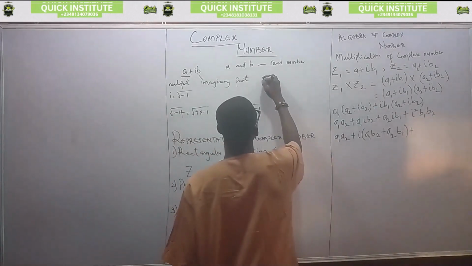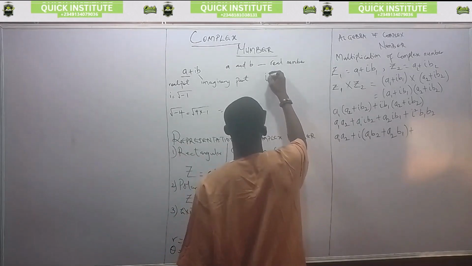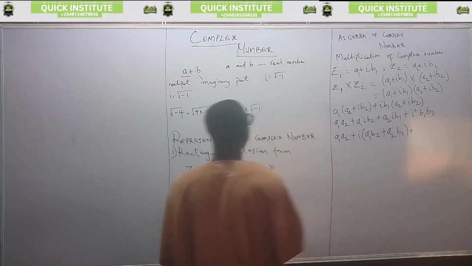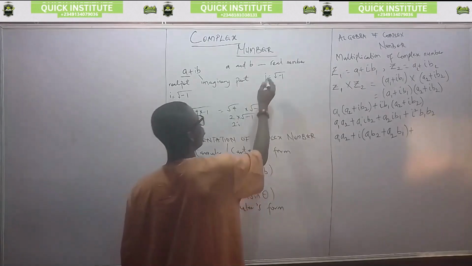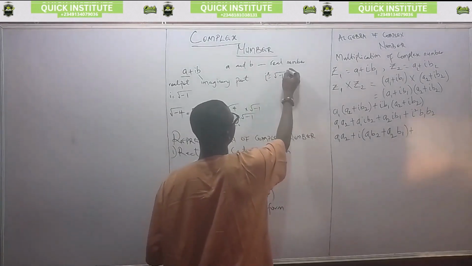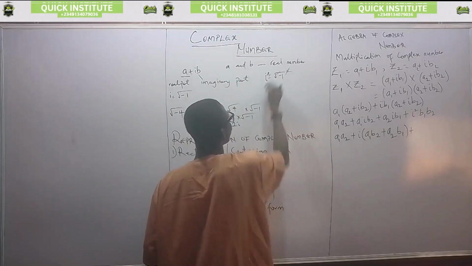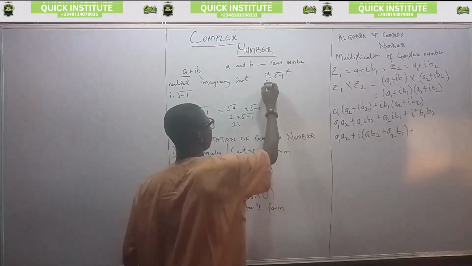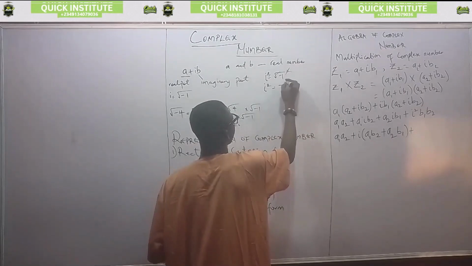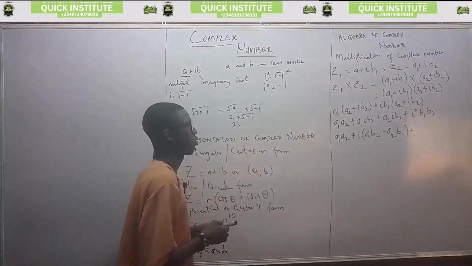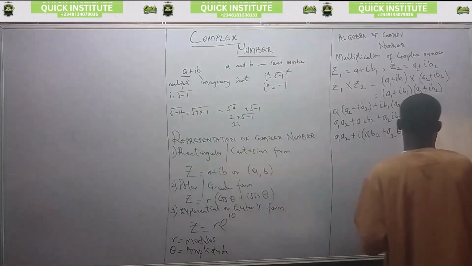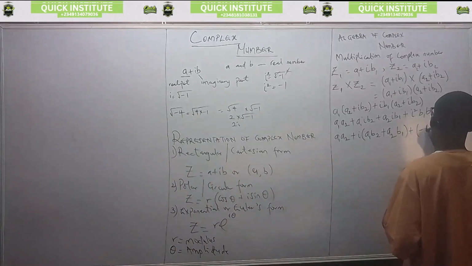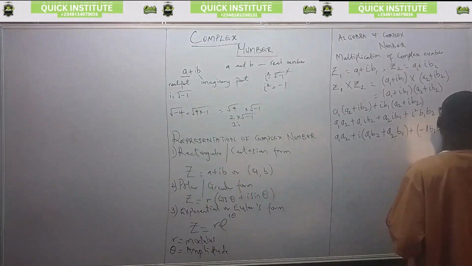And if you have i squared, let's say i equals root of minus 1, and you have i squared, just square both sides. So it will cancel the square root. Therefore i squared equals minus 1. So now we have minus 1 multiplied by b1 b2.